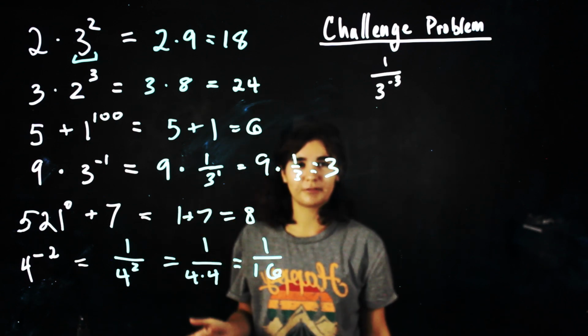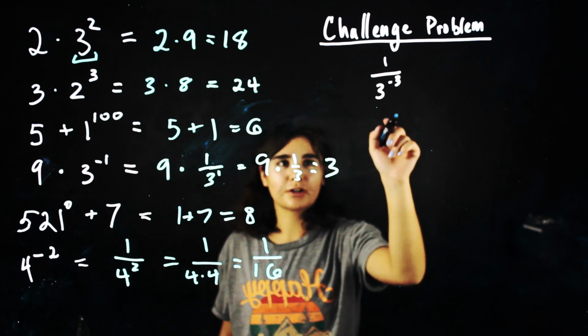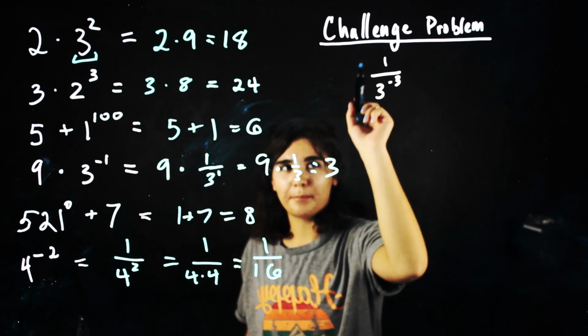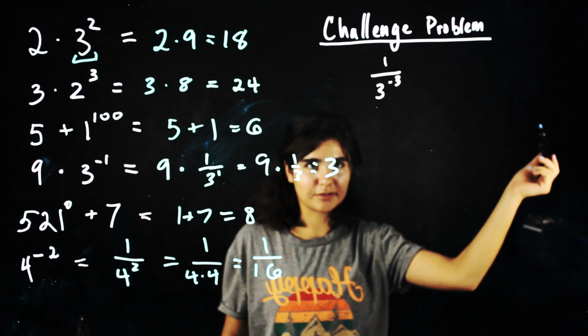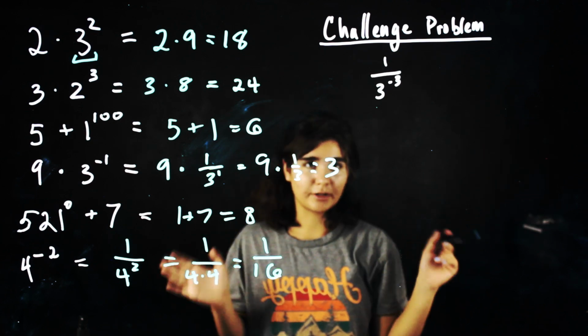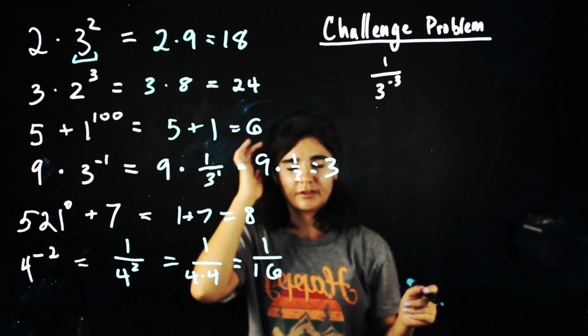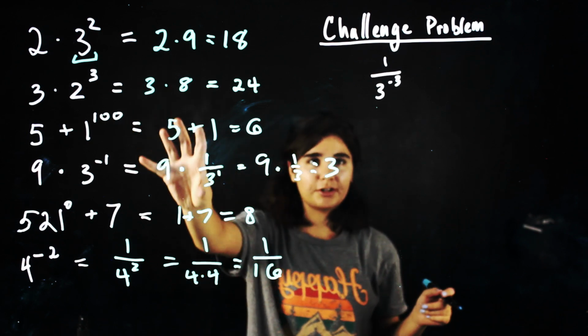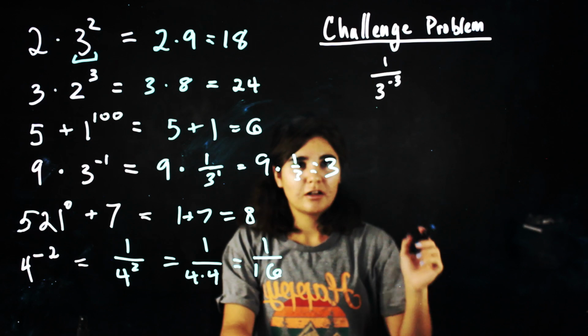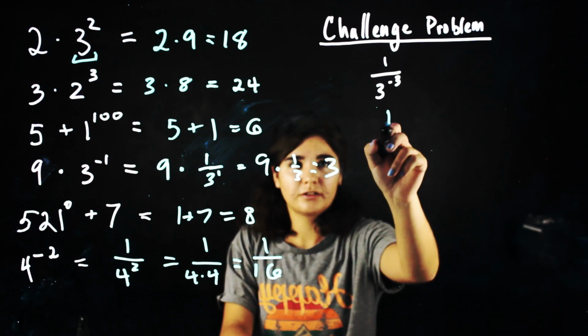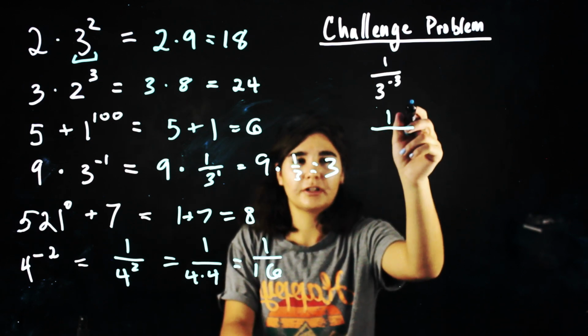Now we're going to have the challenge problem. So this is tricky, right? Because we have 1 over a base with another negative exponent. We can do this a couple different ways. Let's just start logically. We have 1 over 3 to the negative 3.